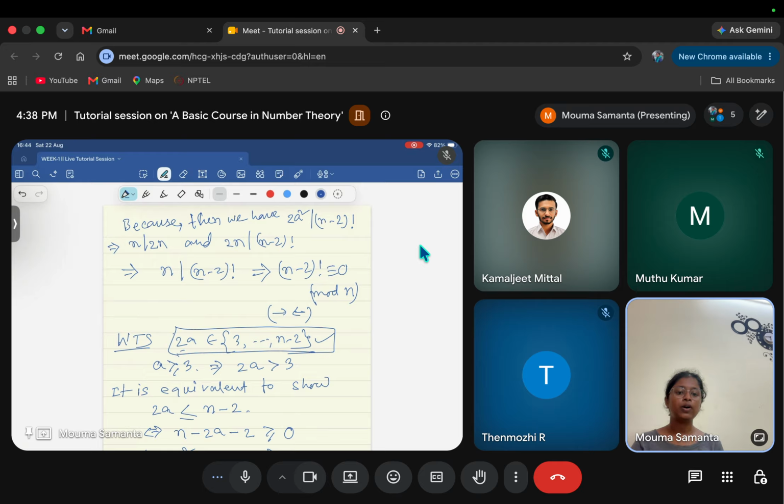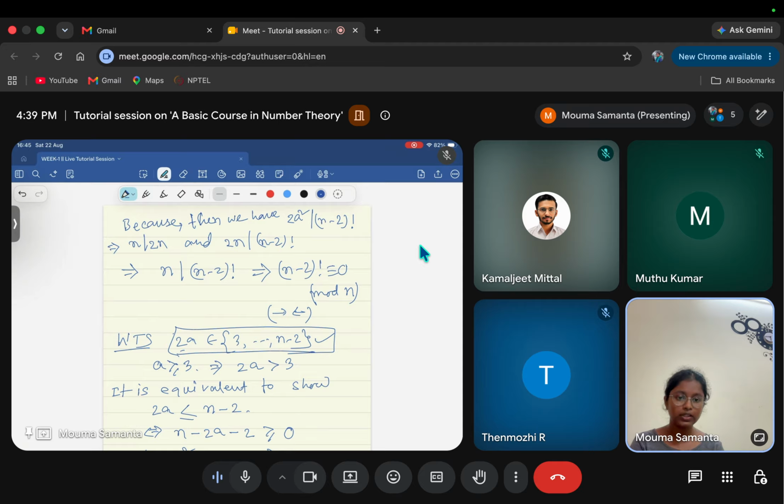Now we consider n a perfect square when a is greater than or equal to 3. In this case we are trying to show (n minus 2) factorial is divisible by n. So n has the form a square. If n divides (n minus 2) factorial, we have to show a square divides (n minus 2) factorial. Now we know a occurs in the set 2 up to n minus 2.